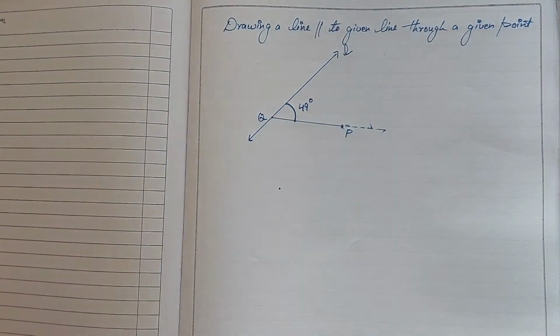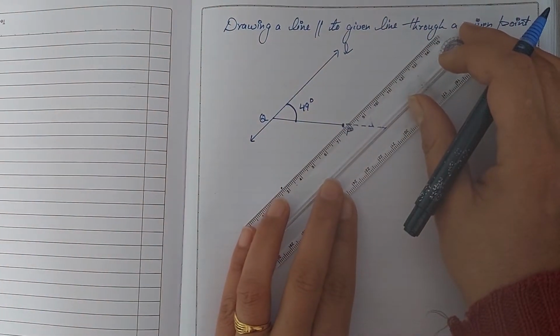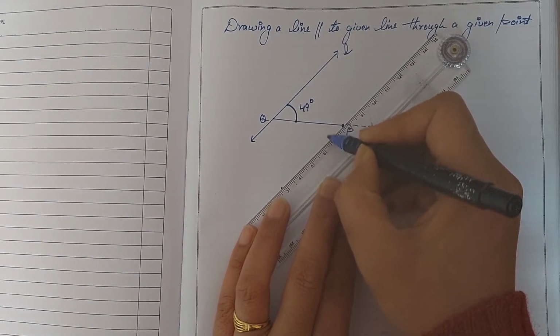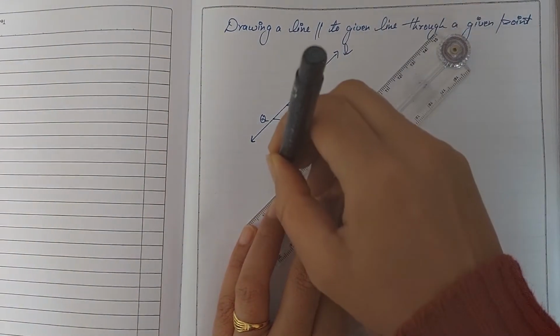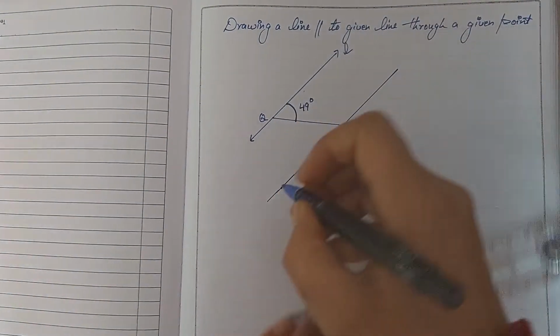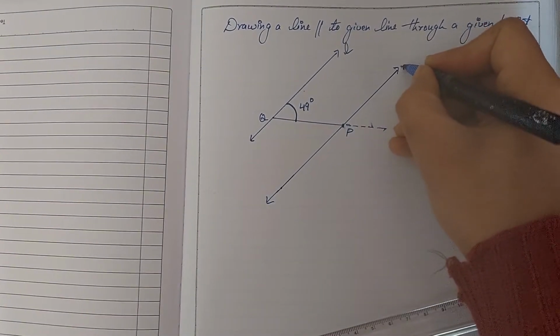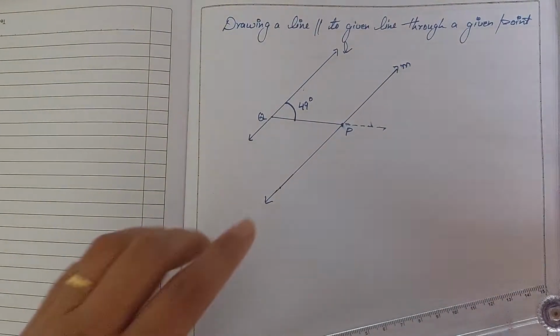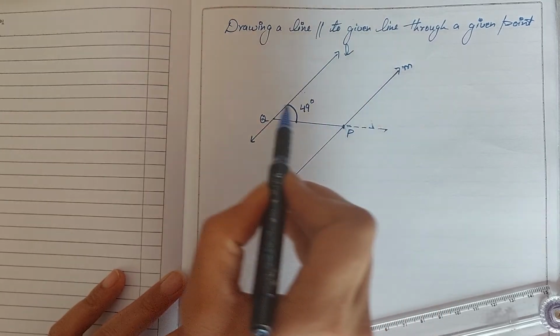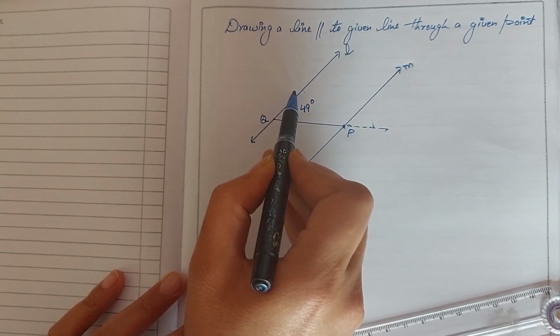Now this angle here is 49, and it is interior alternate, that's why this line is parallel to L.